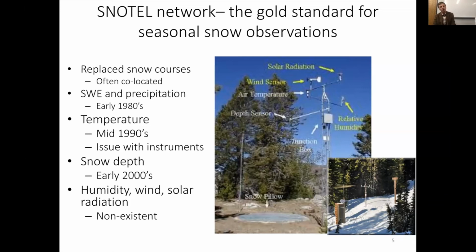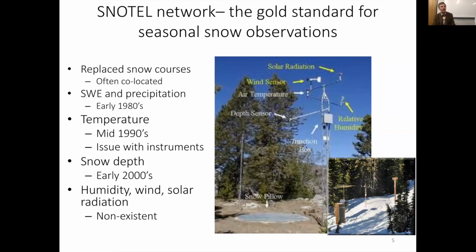But these SNOTEL sites went in the early 1980s, the earliest ones 1979 or so. So they initially were just the SWE and precip sensors. They've since come back and instrumented all of them with temperature, although there's been issues when they switched some of the temperature gauges, and they've also come back and put in snow depth.